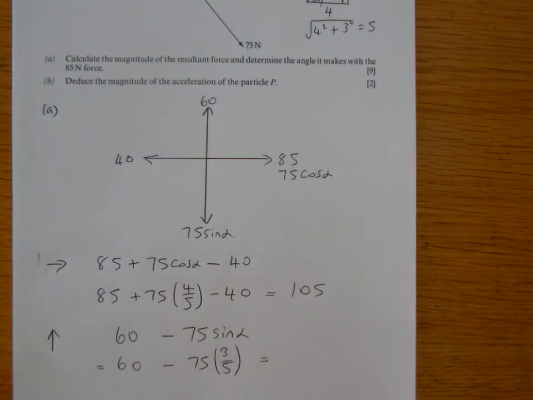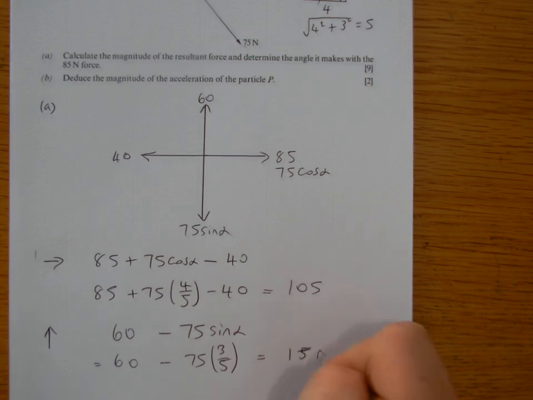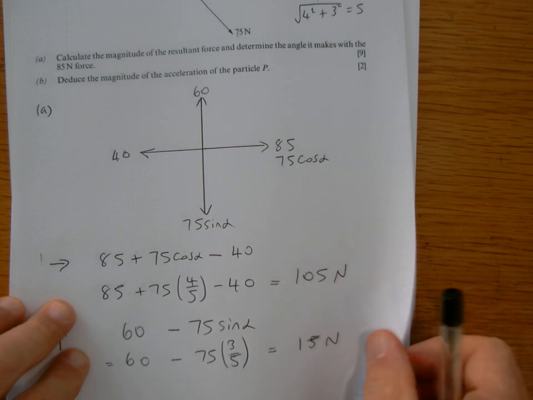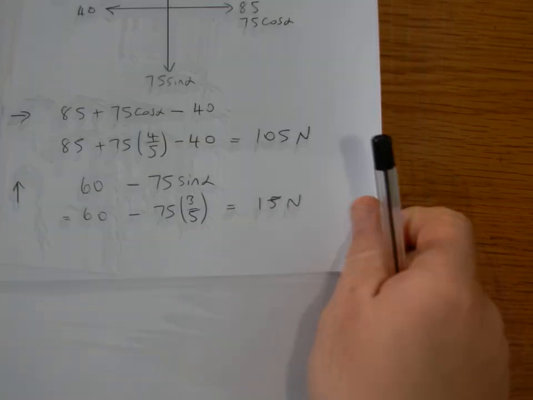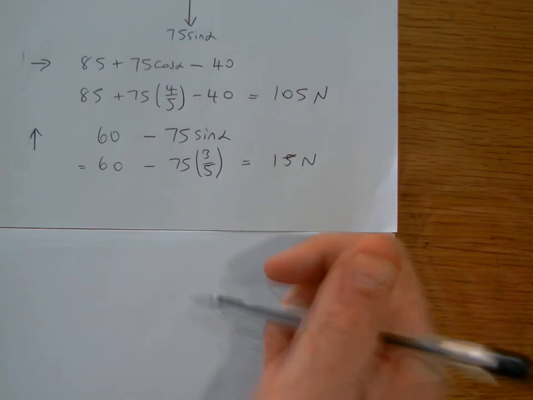So I get 60 take away 75 times 3/5, and that comes out to be 15 Newtons. So my overall resultant effect is 105 going to the right and 15 going in the positive y.